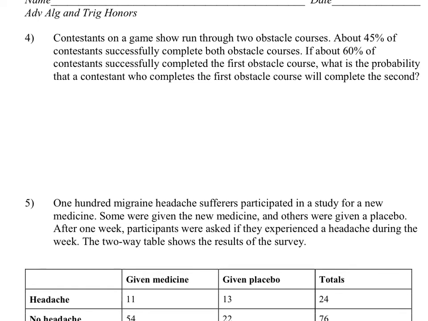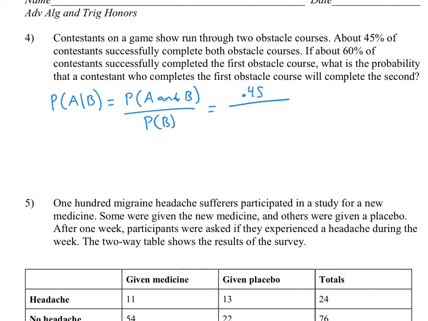Conditional probability says that the probability of A given B is equal to the probability of A and B both happening divided by the probability that B has happened. So in this case, the probability of A and B both happening is 45% because 45% of contestants successfully completed both obstacle courses and 60% of contestants successfully completed the first one.